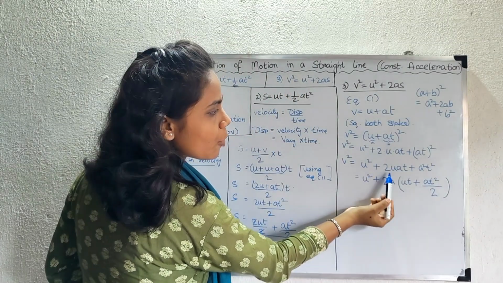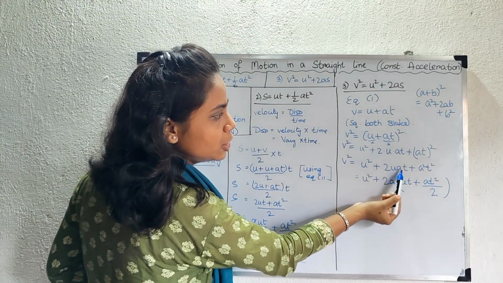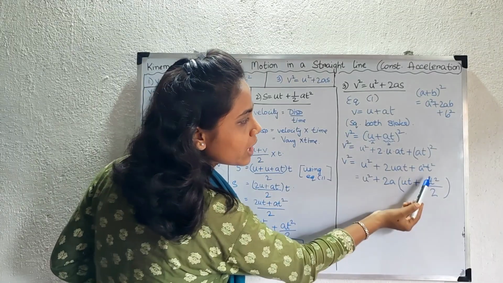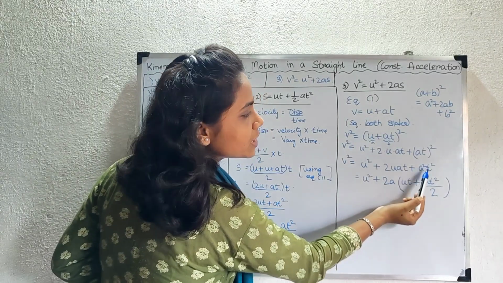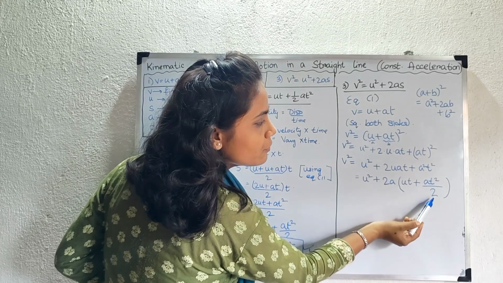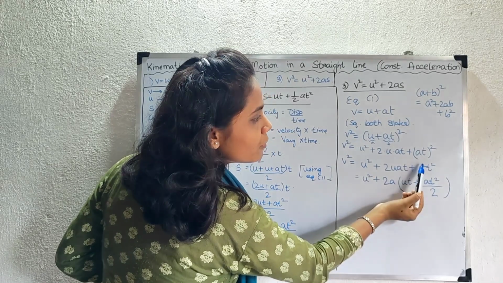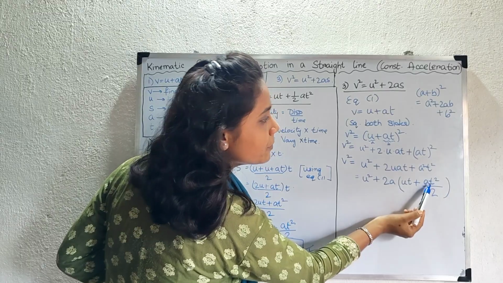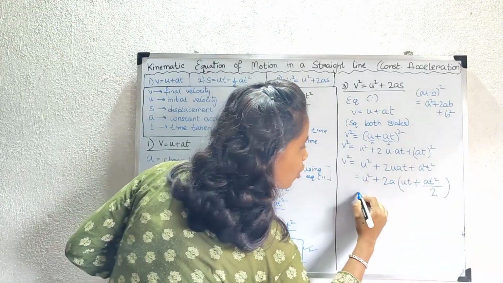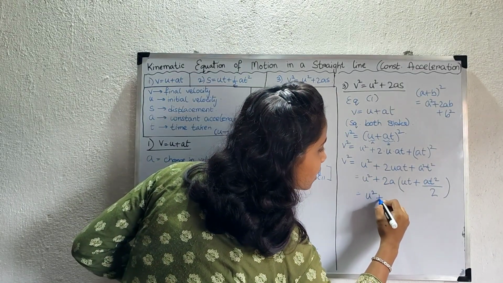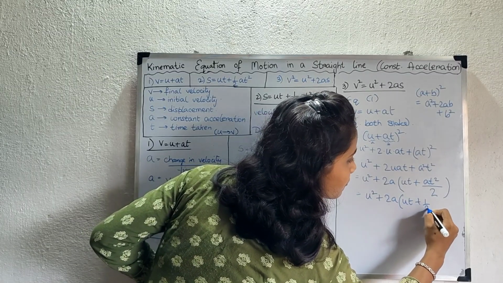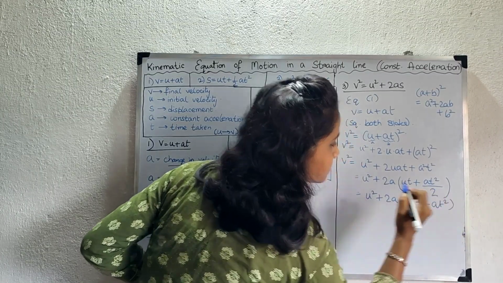See, from this term we have taken common 2a, so ut is left, and from the other term, since there is no 2, we have given 1 by 2 in the denominator. We have taken 1a as common; here is a square, so 1a will be left here, and t square. Or we can write u square plus 2a into ut plus half at square.